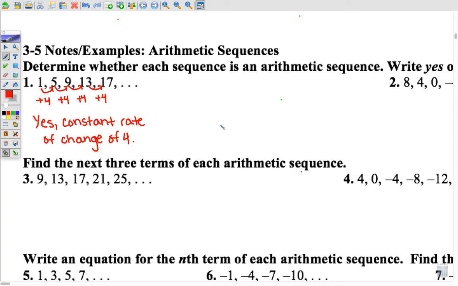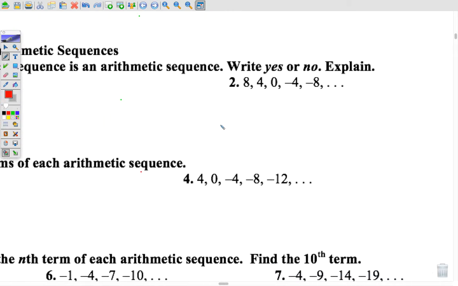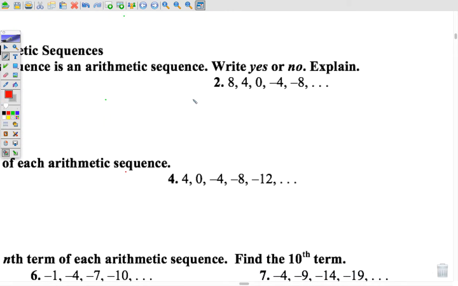Okay. Number 2, same thing. So here we're looking from 8 to 4. You have to subtract 4. To go from 4 to 0, you have to subtract 4. From 0 to negative 4, you have to subtract 4. And 4 to negative 8, you have to subtract 4.